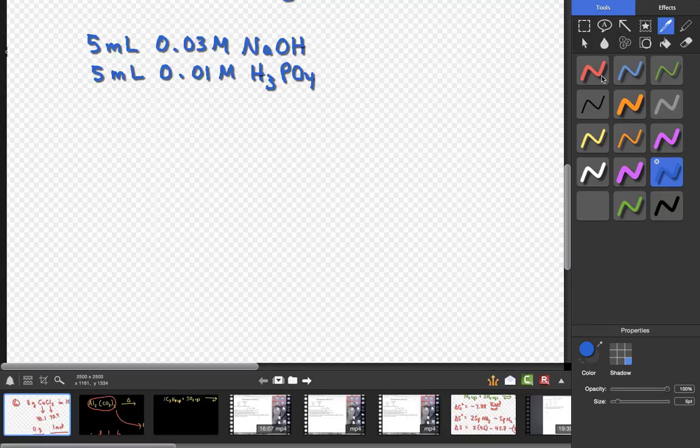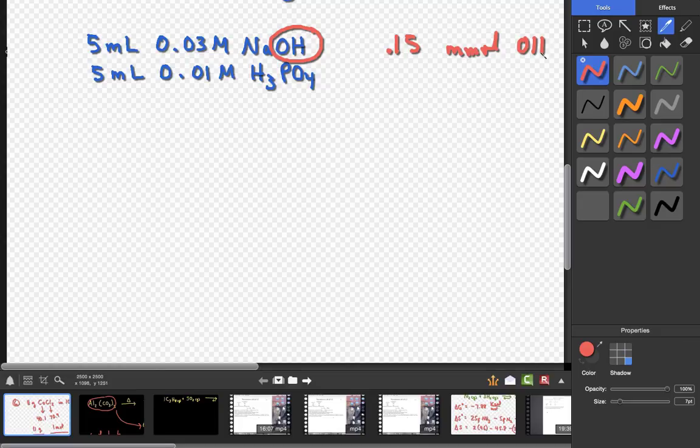So I only have one hydroxide equivalent in every NaOH formula unit, if you will. So I have 5 times 0.03 molar, and that's going to be 0.15 millimoles of OH minus.